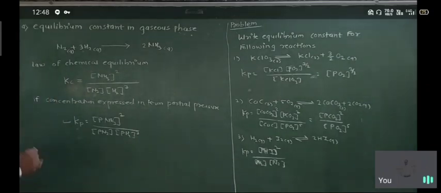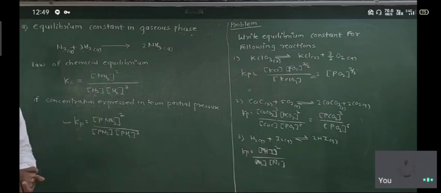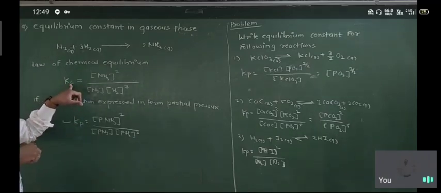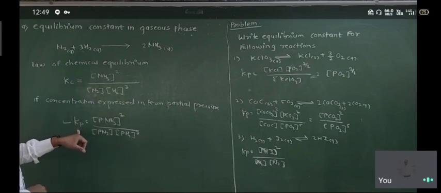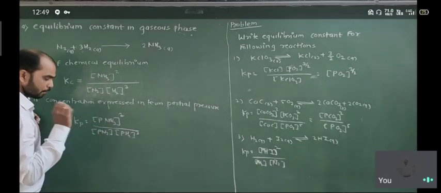If concentrations are expressed in terms of partial pressure, then we write Kp, where P means the equilibrium constant is expressed in the form of partial pressure. So Kc is replaced by Kp, because here partial pressure is expressed. Again the same equation, but what is the difference?